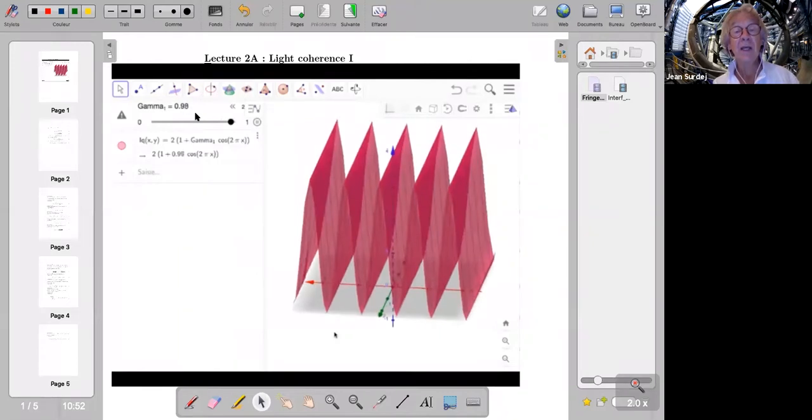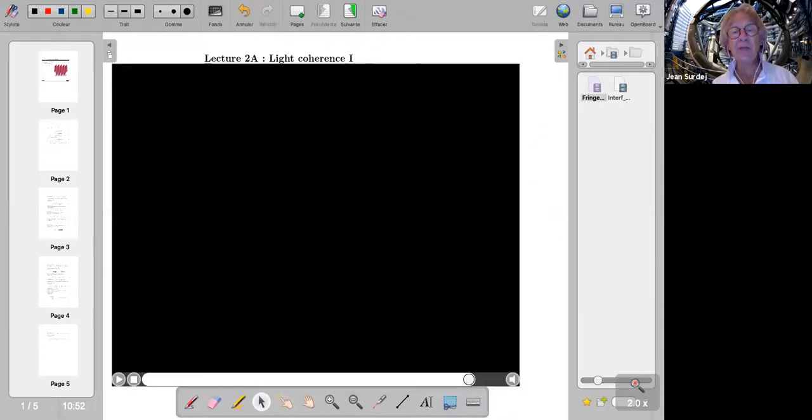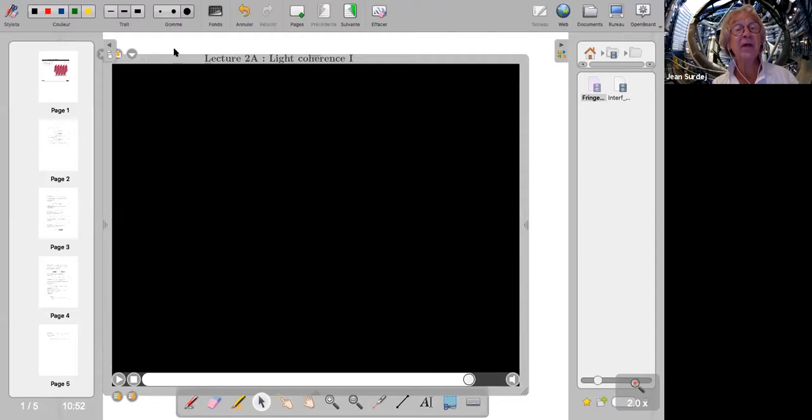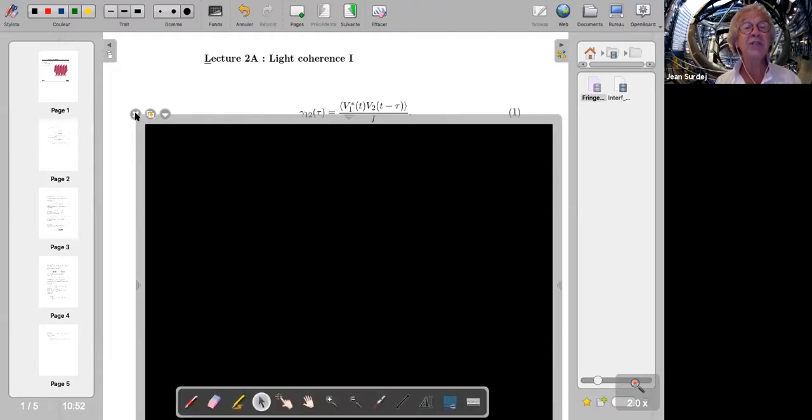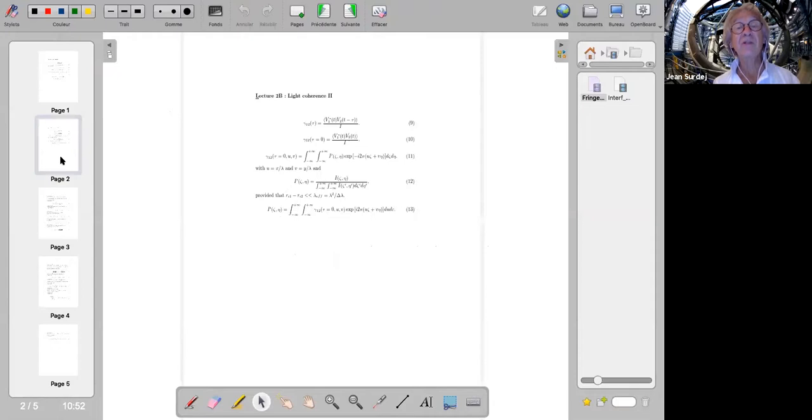I encourage you to download this open source software, called GeoGebra. It's very nice to make simulations and to illustrate various considerations.